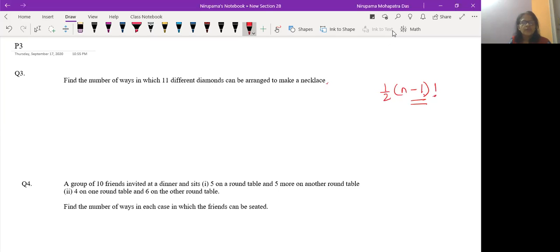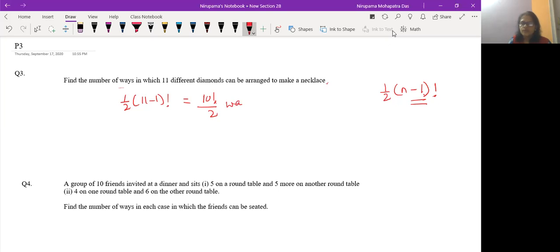So here the number of ways will be half of 11 minus 1 factorial, that is equal to 10 factorial by 2. So the number of ways in which 11 different diamonds can be arranged to make a necklace will be these many ways.